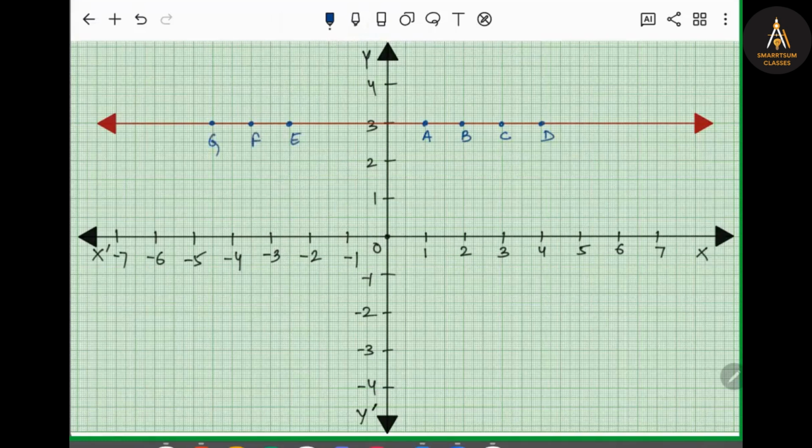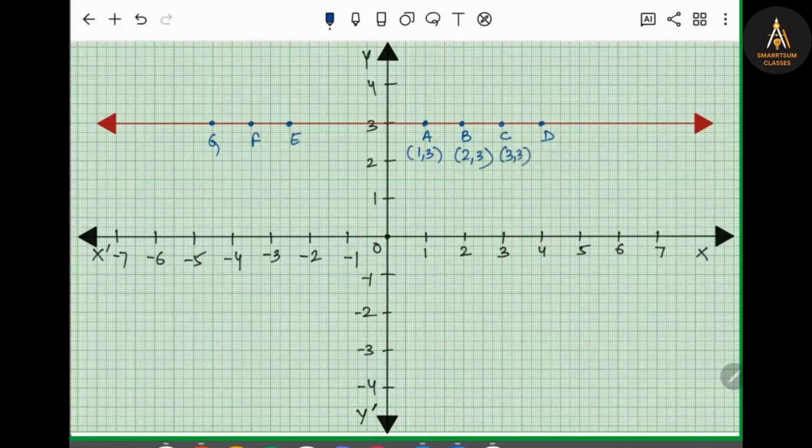So what are the coordinates for A? Coordinate of A is 1, 3. Coordinate of B, 2 comma 3. C, coordinate for C, 3, 3.